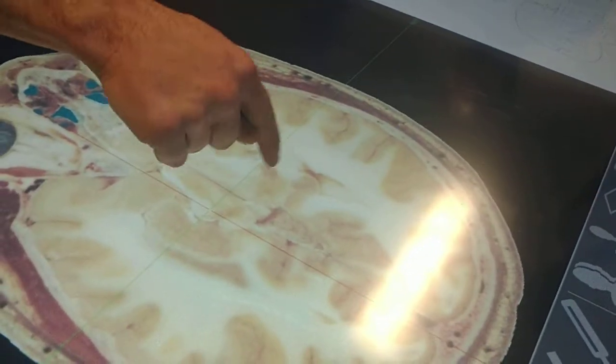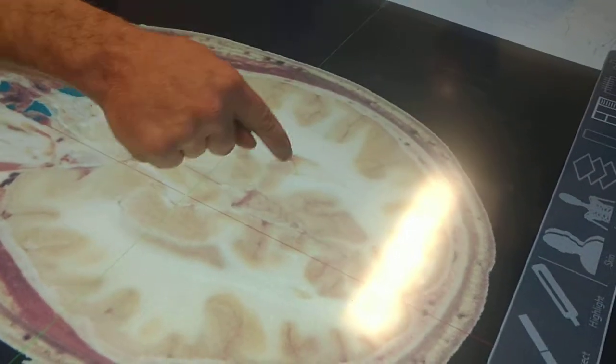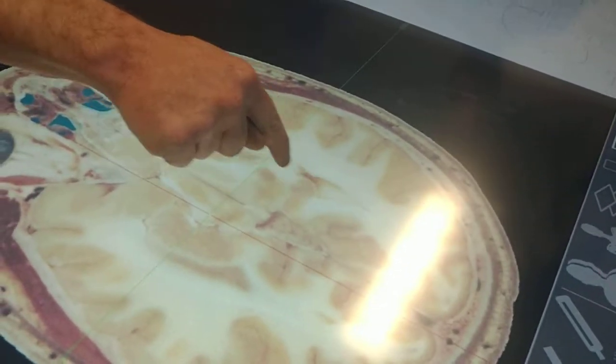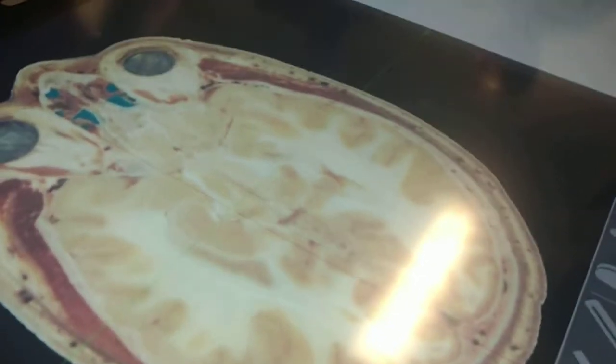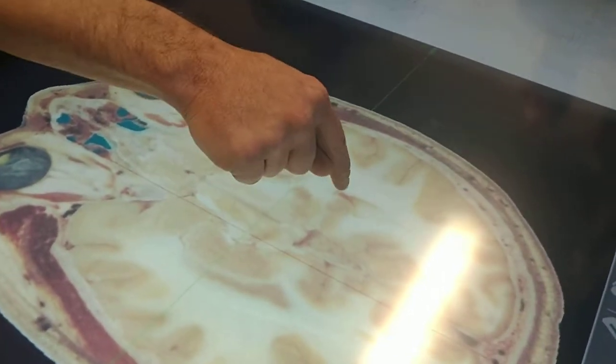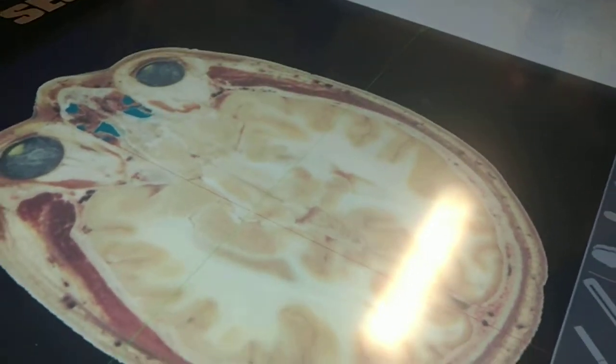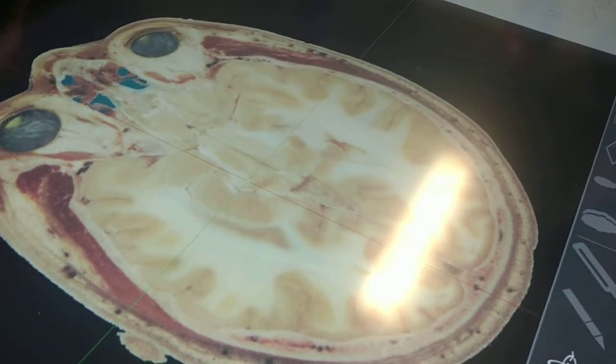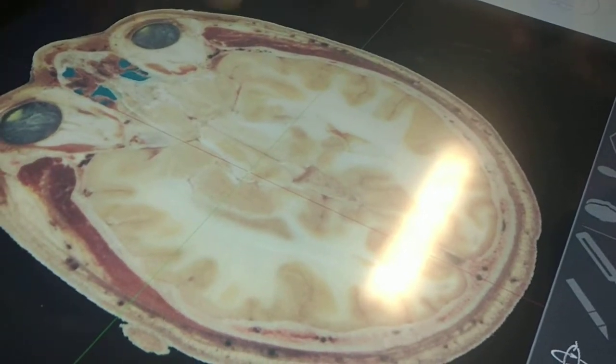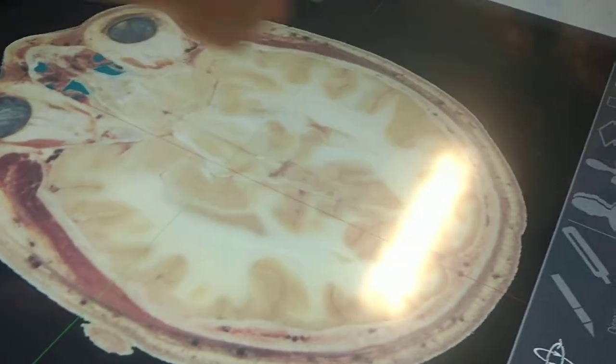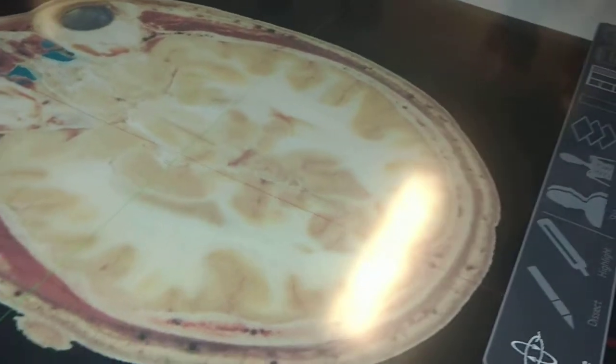And then they come in right here, which means that this area right there is going to be my lateral geniculate ganglia. That's the ganglia that my vision is coming into before it goes into the optic radiations. You can actually see the optic radiations here.